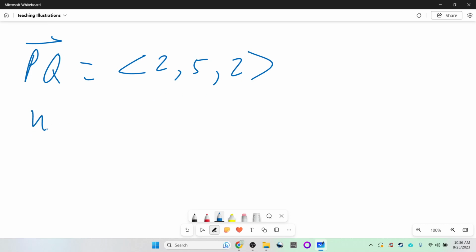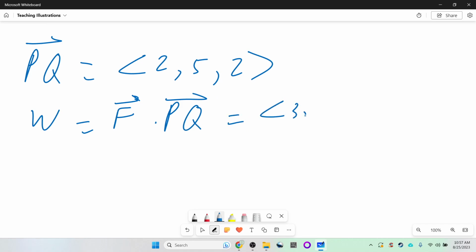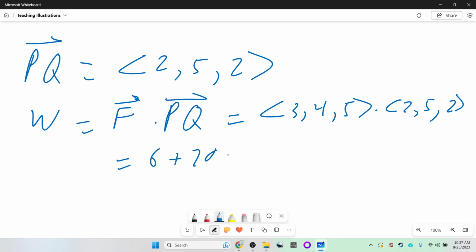So therefore the work is force dot PQ, which is 3, 4, 5 dot 2, 5, 2, which is 6 plus 20 plus 10, or 36, I guess, joules. I don't think I said units in this one, but let's assume it's joules again.